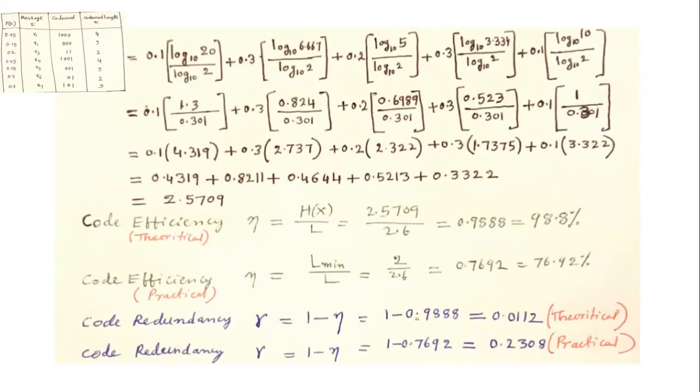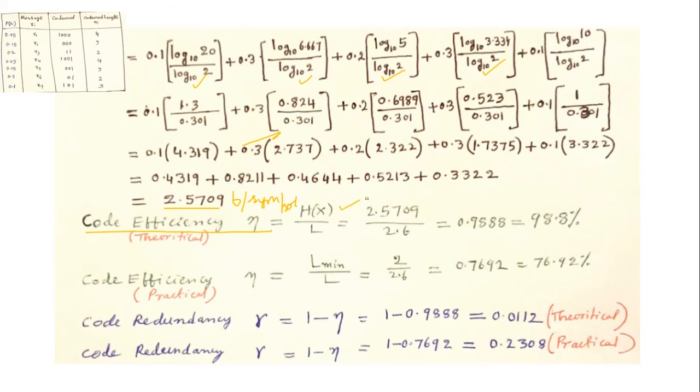If you solve this after converting to common logarithm base 10, finally you get entropy of the source 2.57 bits per symbol, or bits per message.